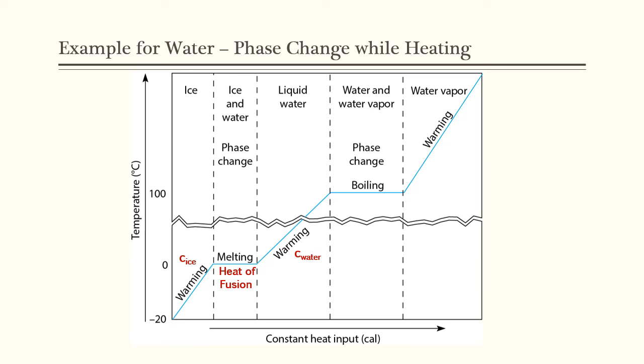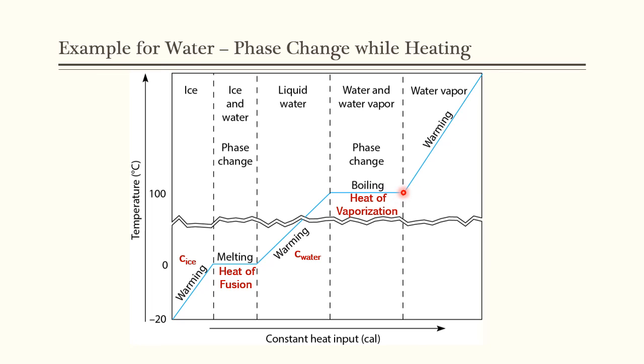Then we reach the phase where we're at 100 degrees C and we start boiling the water. And this is your latent heat of vaporization. So boiling, we're putting this heat in, the water's changing phase, right? It's like the water in the pot on your stove. It's starting to boil.